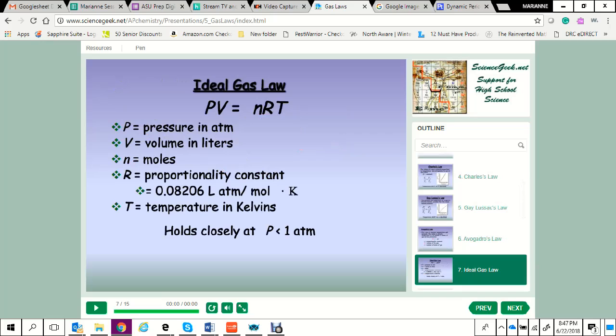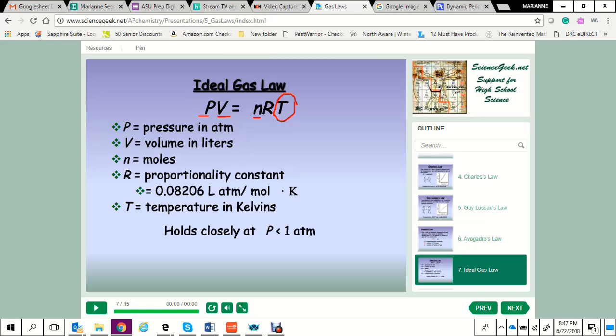And then finally is the ideal gas law. Now, on the previous ones, there was a change in temperature, a change in pressure, a change in volume. In the ideal gas law, there is no change. What the ideal gas law says is, at this pressure and this volume and this number of moles, R is a constant, the temperature will be, if you're solving for the temperature, again in Kelvin.